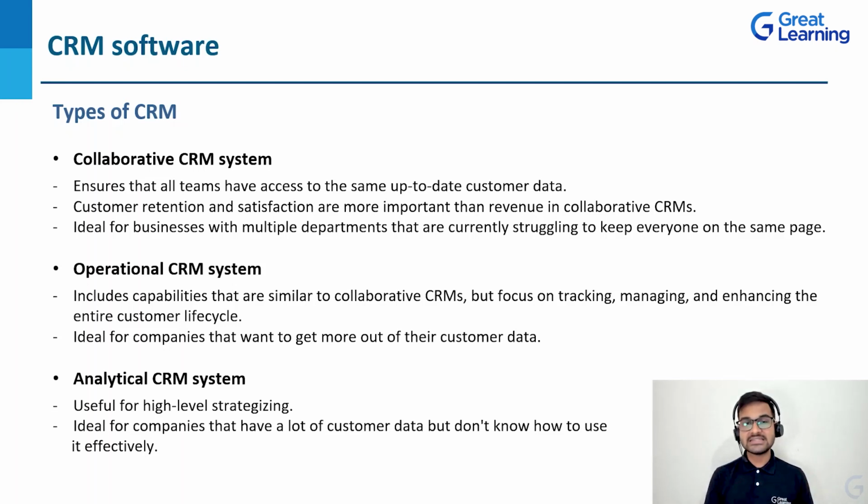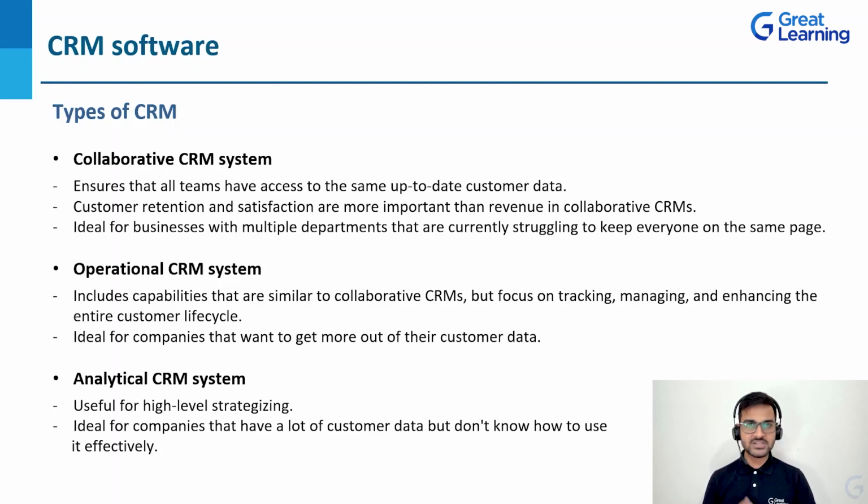Customer retention and satisfaction are more important than revenue in collaborative CRMs. It is ideal for businesses with multiple departments that are currently struggling to keep everyone on the same page. If there are so many departments which are involved and you want to keep everyone on the same page, you can go for collaborative CRM system, because what it promotes is collaboration. So there will be everything smooth between all the teams and everyone will be on the same page.